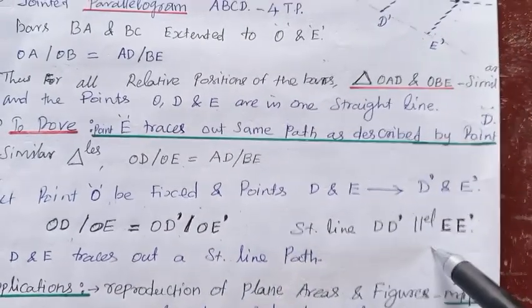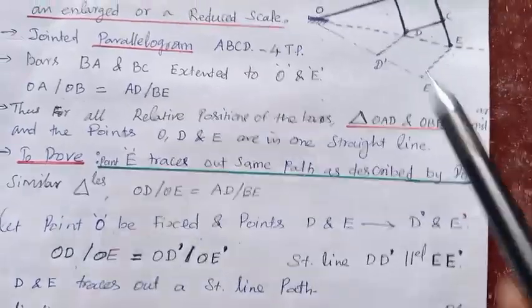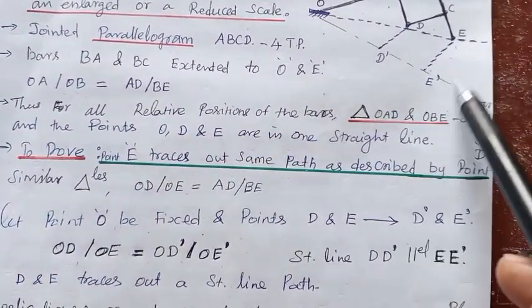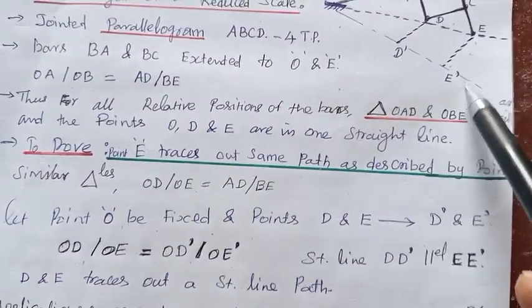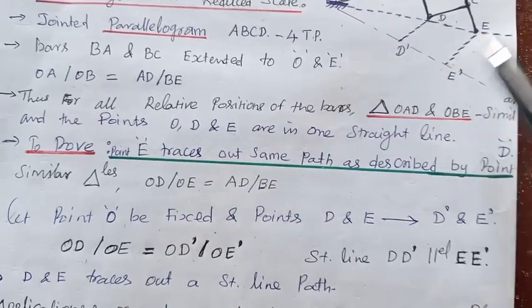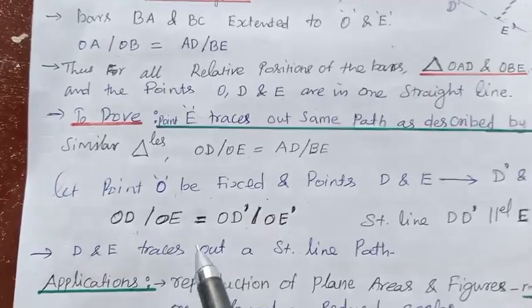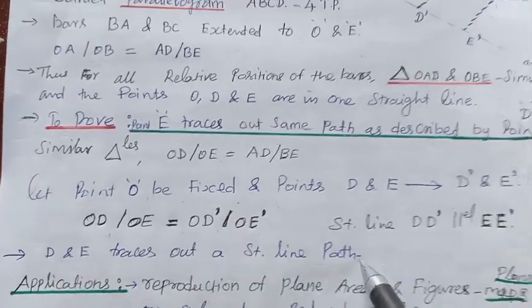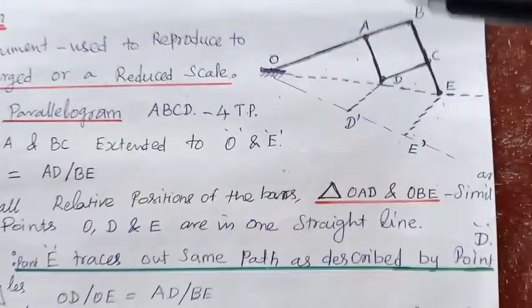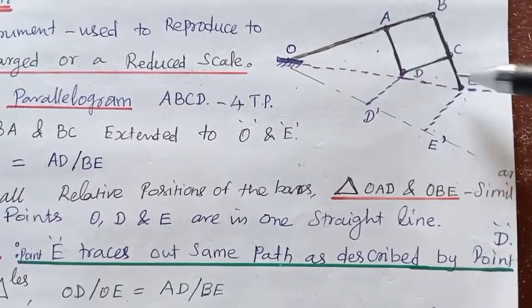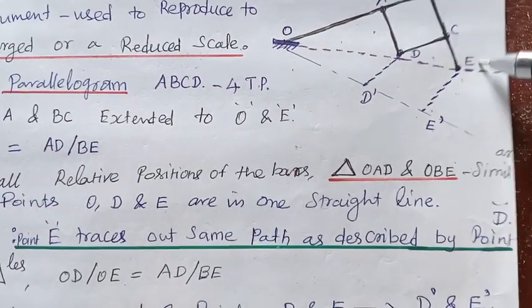Also, DD dash is parallel to EE dash, which is always parallel. Therefore, DE traces out a straight line path. So what we have proved is that DE is always a straight line.